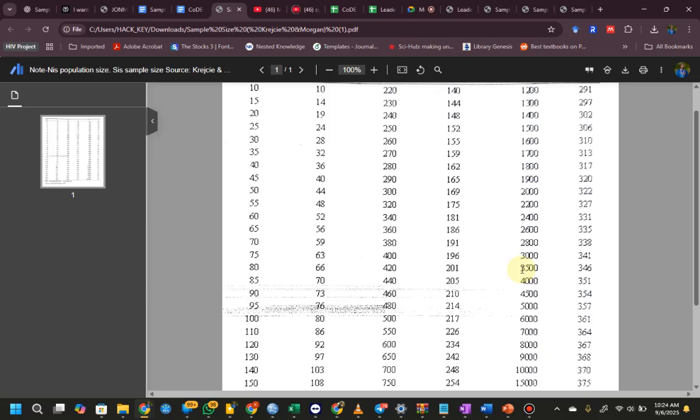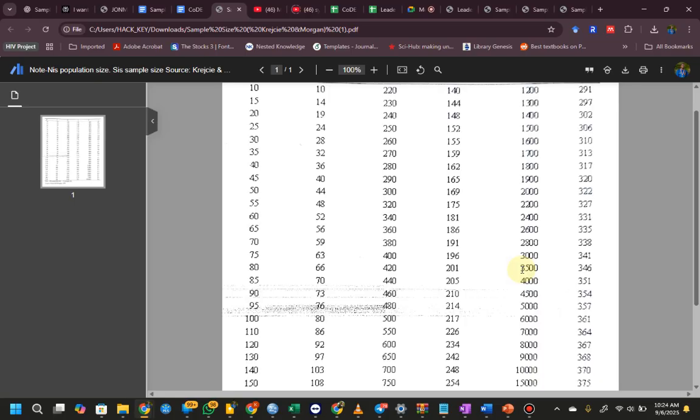So what would be your sample size if you have an accessible population of 72? Let's go here. 72. Then I think we will pick the 63 to represent the 72.